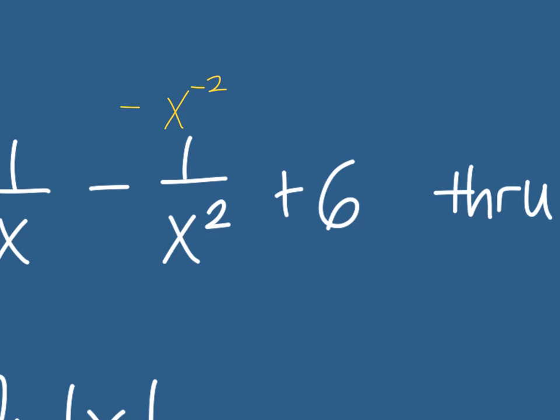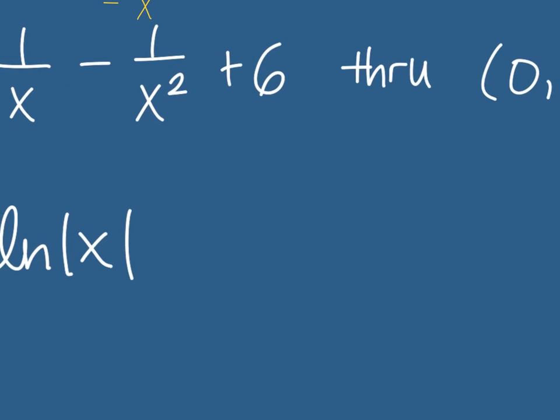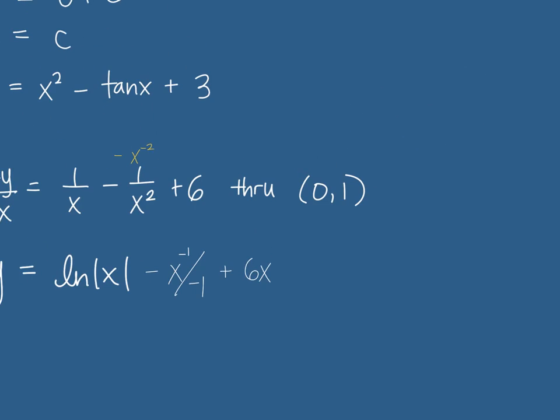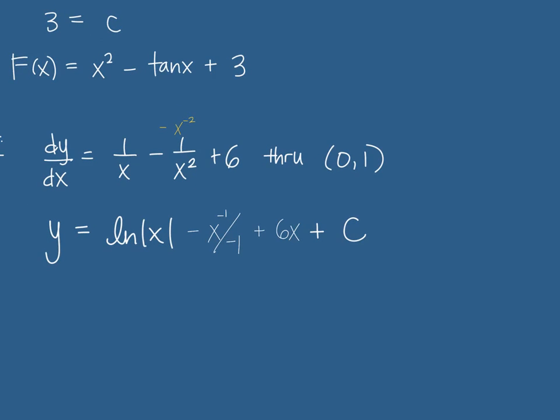And I have to divide by negative 1. So this would be x to the negative 1 divided by negative 1, with the minus in front. That's how you do that one. And then plus the antiderivative of 6, which is 6x. And we need a new plus c at the end. And then you plug in 0, and you plug in 1, and you'll be able to solve for your c value once you plug that in.